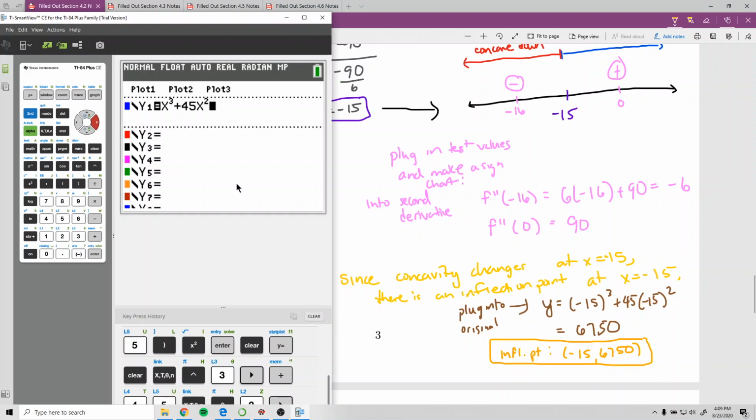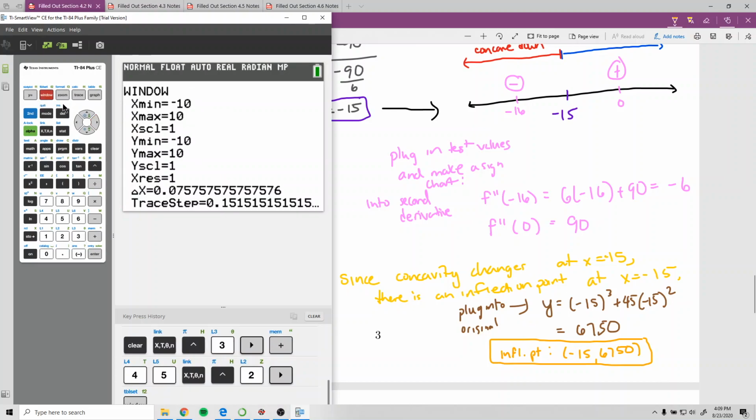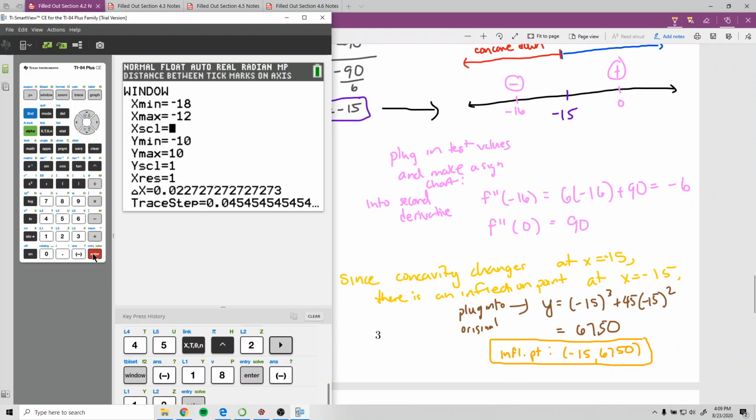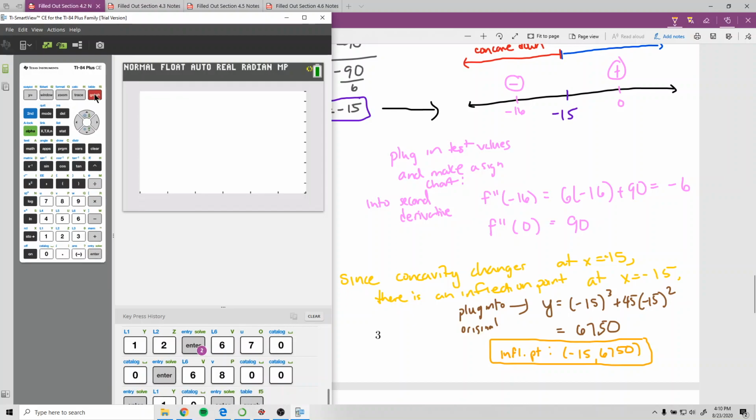Now I know where the inflection point is, so I'm going to adjust my window. The x value is negative 15, so I'm going to be between negative 18 and negative 12, just so I don't have to see too much of it. And then the y value is 6,750. So all I'm going to do is between 6,700 and 6,800 for y. And then I'm going to graph.